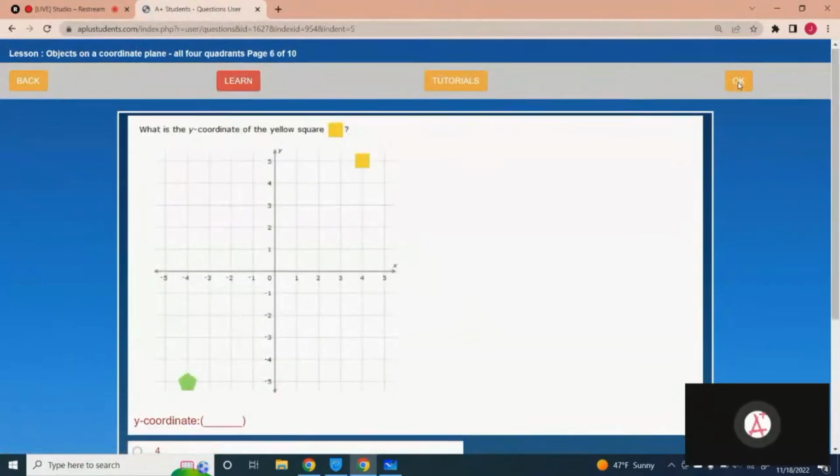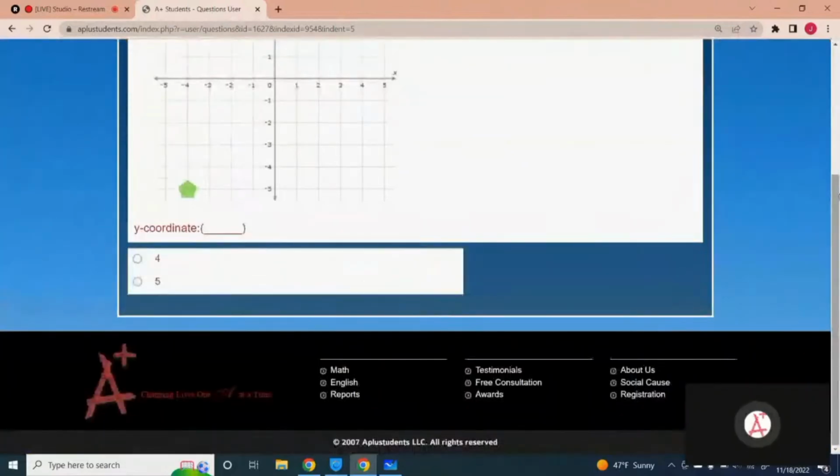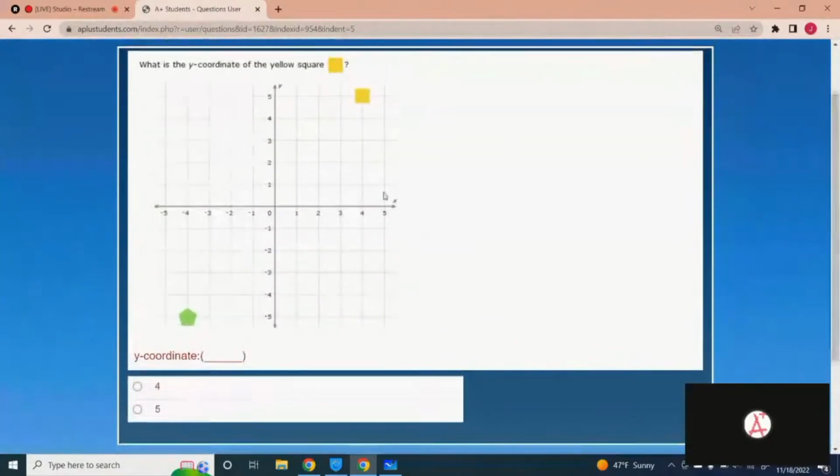Okay, what is the y coordinate of the yellow square? Here is the yellow square. The y value for the yellow square is... Y, not x value. Match it to the y column. It would be 5, not x. Isn't it?